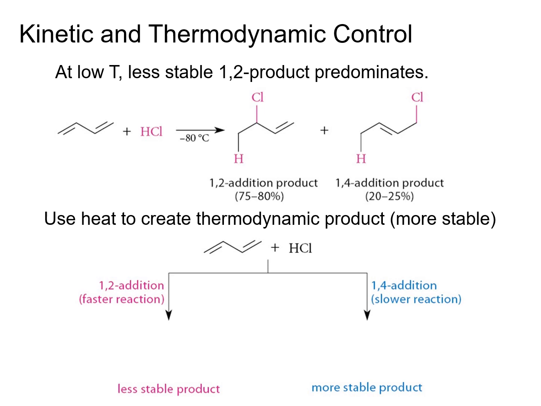So we would have a little bit faster reaction, creating our kinetic product, which would just be our 1,2. Here would have my chlorine add to that position. And if I were to have 1,4, create the more stable product, I would end up with having the resonance. You can kind of see here when we think about more stable, the more substituted double bond is going to be our more stable product.